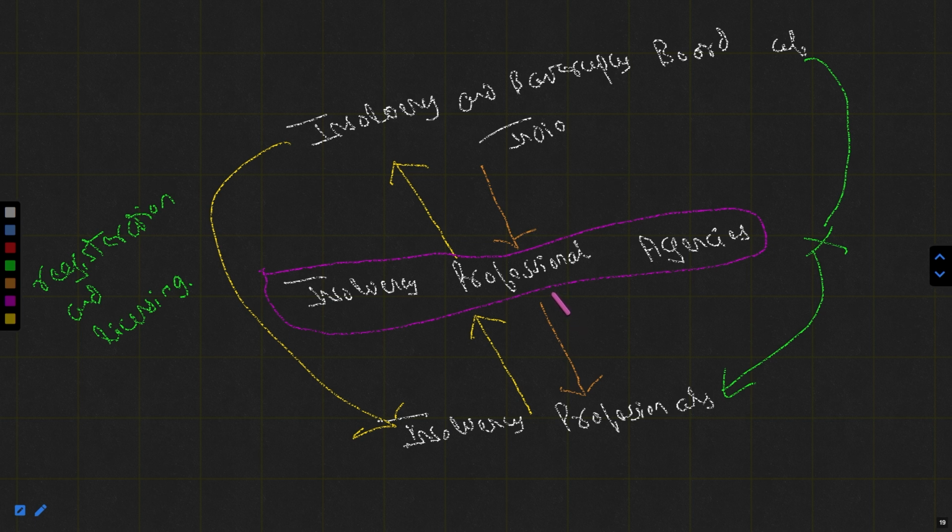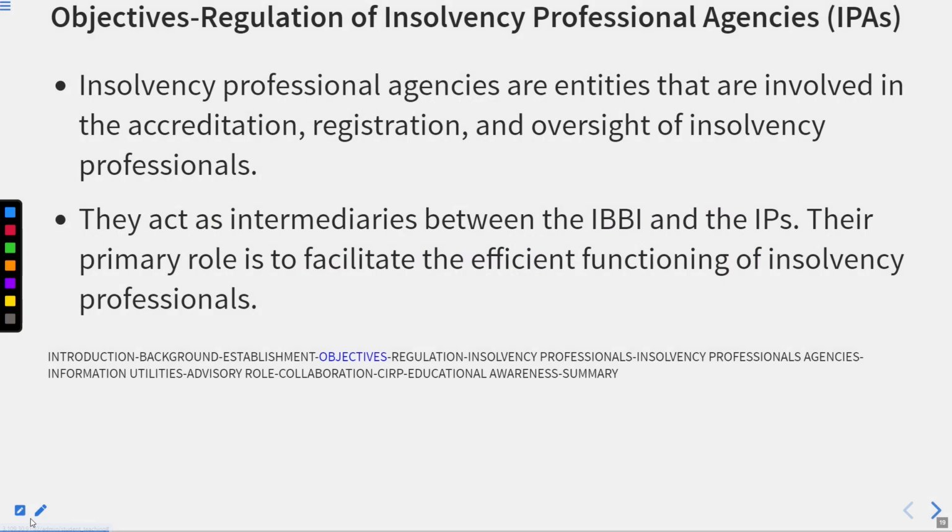Thereafter, the insolvency professional agencies transfer the same to the insolvency professional. Similarly, if the insolvency professionals did some misconduct or non-compliance, or have some issues and suggestions, they pass it to the insolvency professional agencies. Thereafter, the insolvency professional agencies pass it to the Insolvency and Bankruptcy Board of India. So please remember this diagram. This will be very helpful for you to retain the things in your mind for a long time.